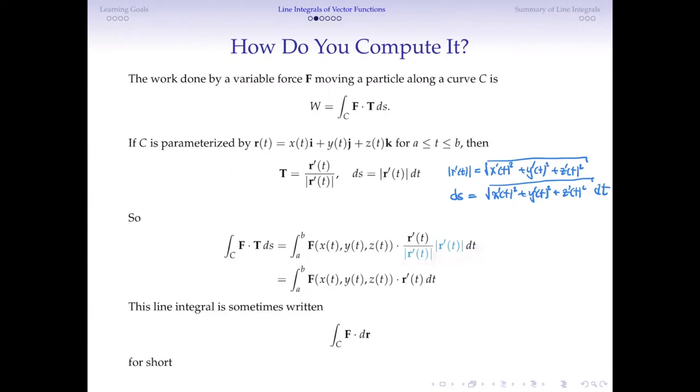But what you'll notice is that the highlighted functions in cyan actually cancel. And we're left with the following integrand. We're left with a vector function of t, the force F evaluated along the path, dotted into another vector function of t, the tangent vector, and the result is a scalar function of t integrated from a to b. So again, that's a calculus 1 or calculus 2 problem.